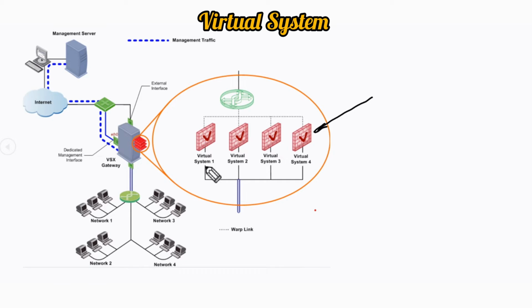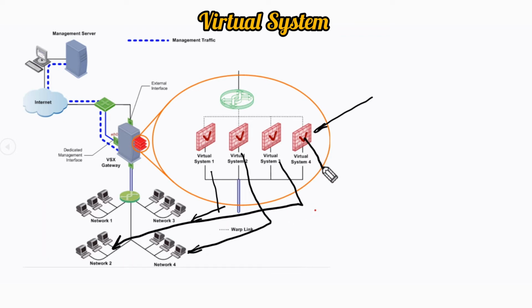Consider virtual system 1 is used for, say, network 3, virtual system 2 is used for network 4, virtual system 3 is used for network 2, and virtual system 4 is used for network 1. Basically, these virtual systems are protecting separate networks, and this is the benefit we get from virtual systems, like a firewall. Each virtual system individually handles all the firewalling work.